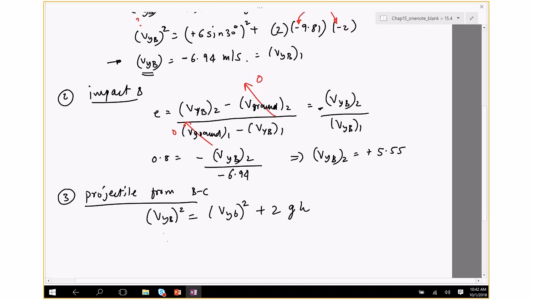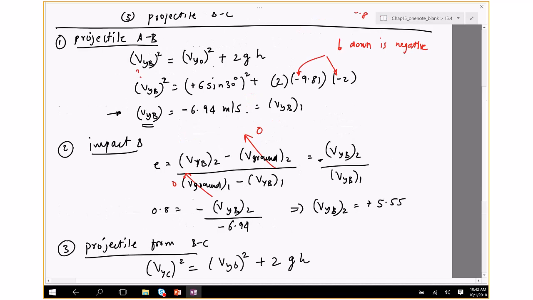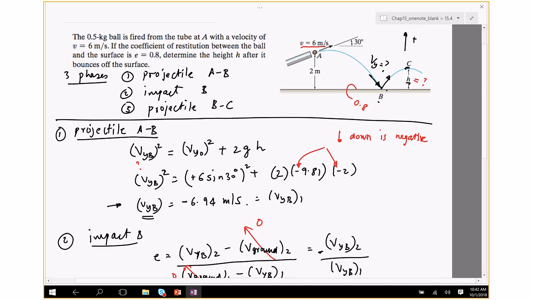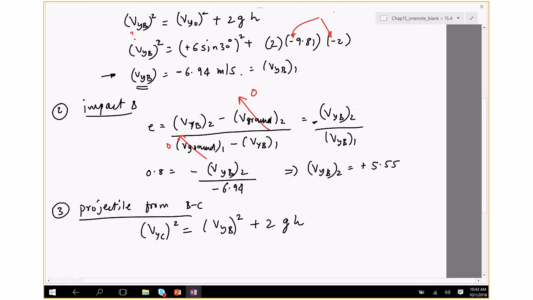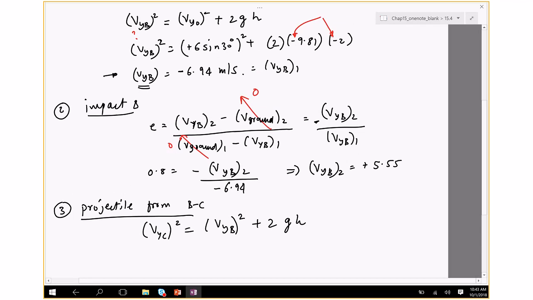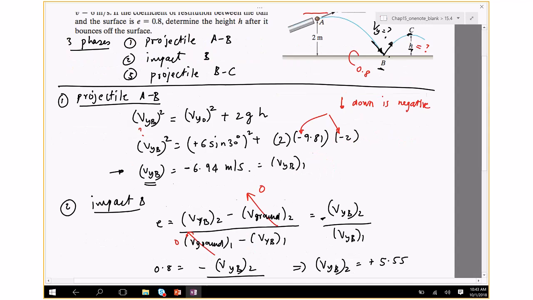I'll write Vyc for the velocity of y at the apex, because I want to relate the velocity at C with the velocity at B. So I can change the 0 to B. So what's the velocity in the y direction at C? At the topmost part, it's 0, because at C, when the ball is at the uppermost point, it cannot be going up. If the velocity was not 0, it would go up.